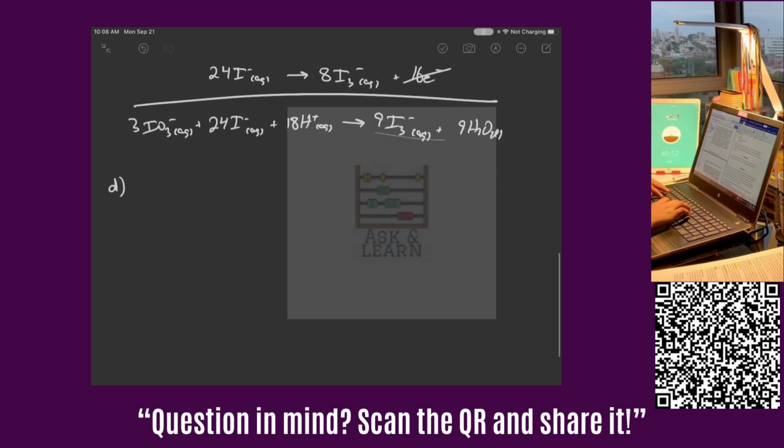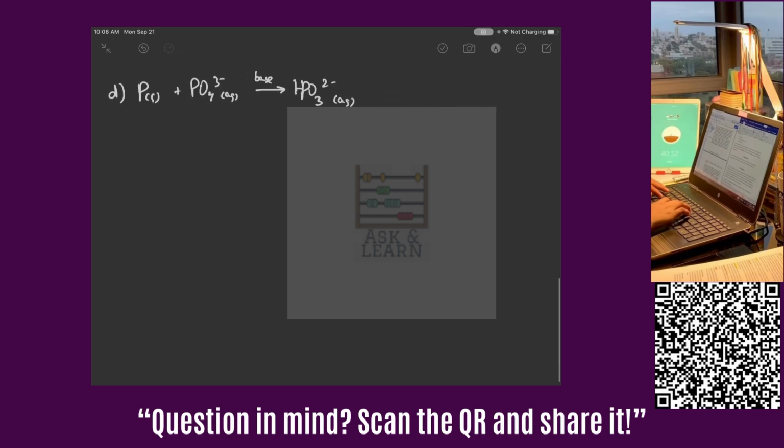Lastly, for D, this is taking place in base. P solid, add PO4 3 minus, will produce in base HPO3 2 minus aqueous. Let's break this up into two half reactions.